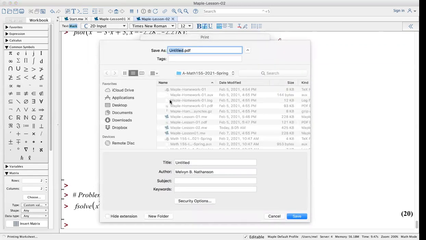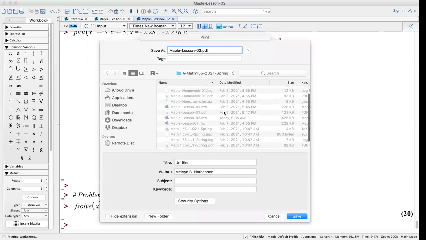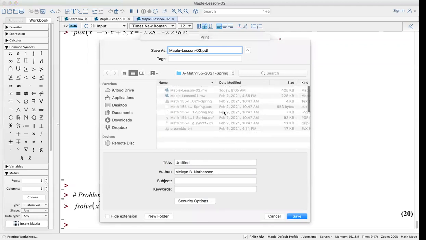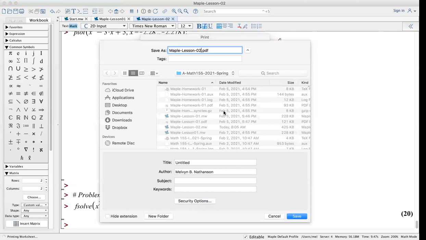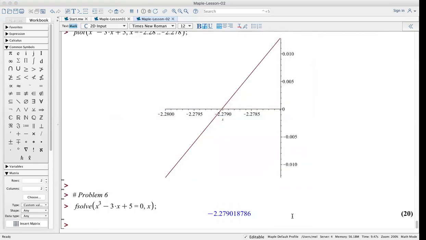So save as PDF, and this is Maple-Lesson-02. Save it, and I'm done. And that is the end of our lesson.